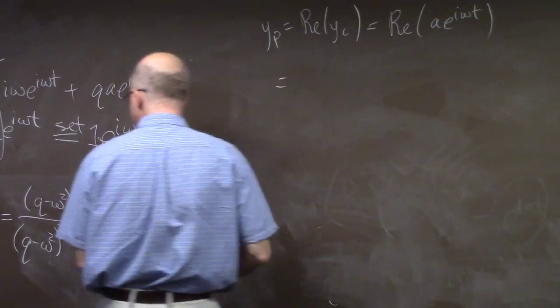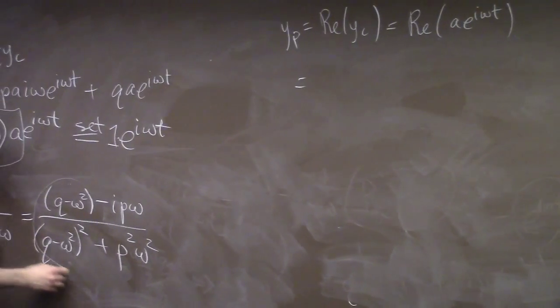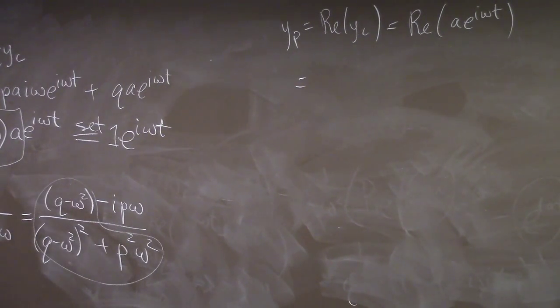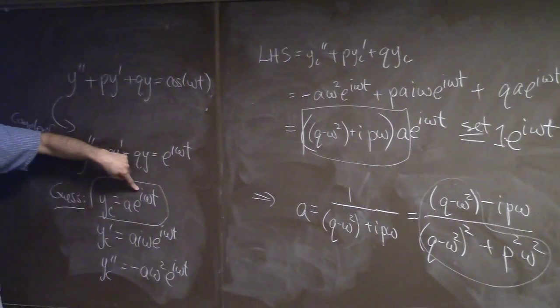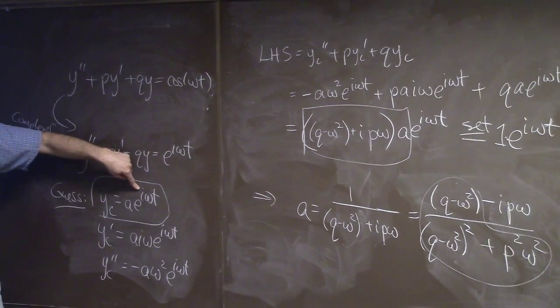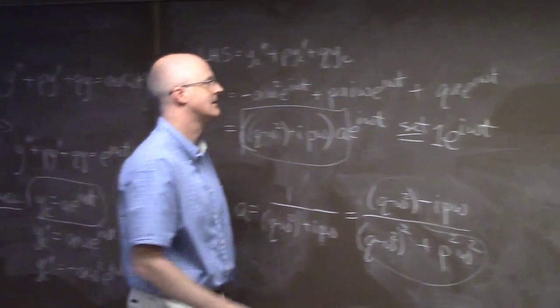And think carefully, the real part of this is going to be what I'm circling here. That times the real part of this one will be the real part of the answer. It's going to be that one I circled times cos omega t.